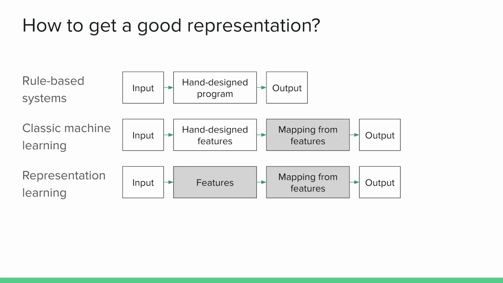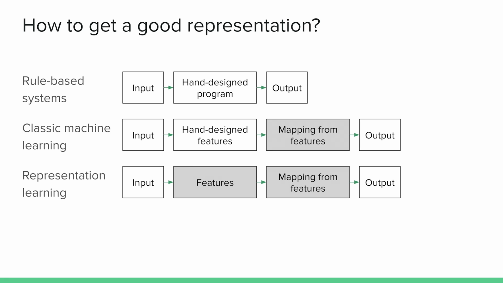That would be then representation learning, and this is the main gist of what we're talking about in this course, that we're trying to go away from handcrafting feature extraction and using deep learning to do this.